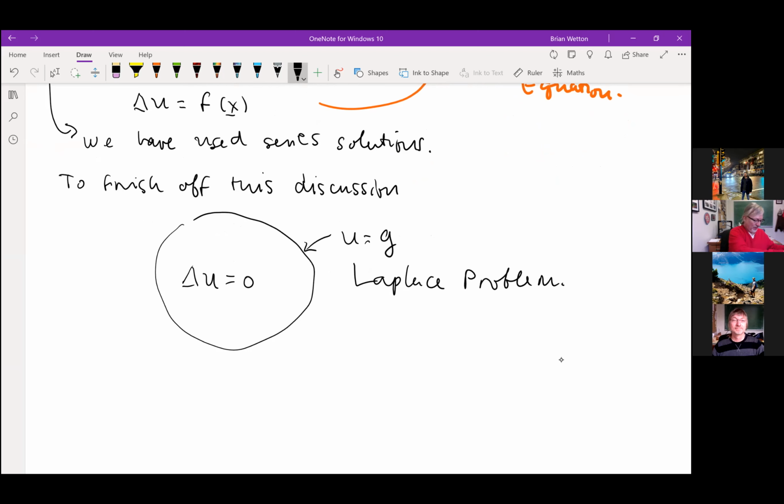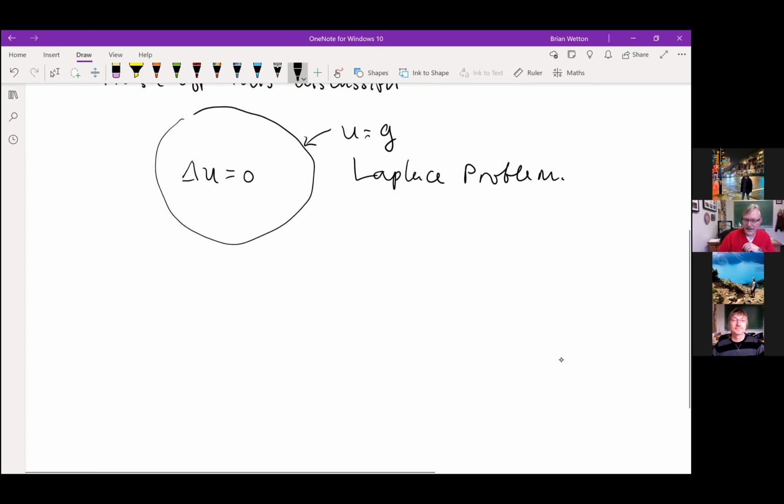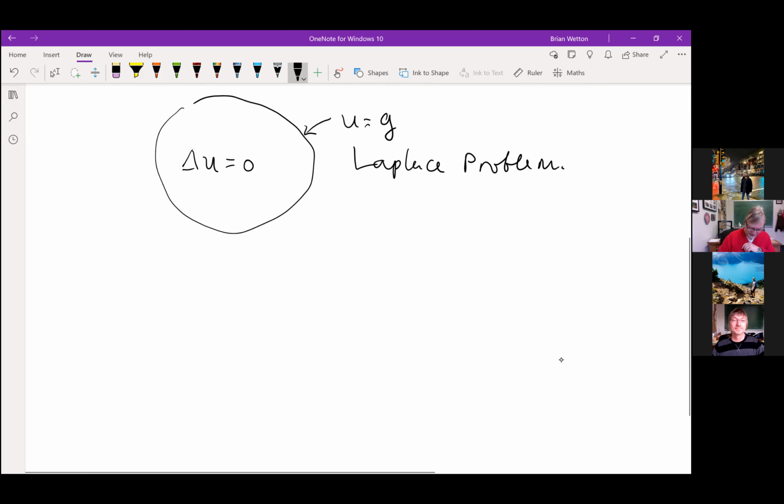That's a problem that we're still missing. We could look at the next problem I'll show you in higher dimensions, but even in 1D, we haven't looked at it yet.